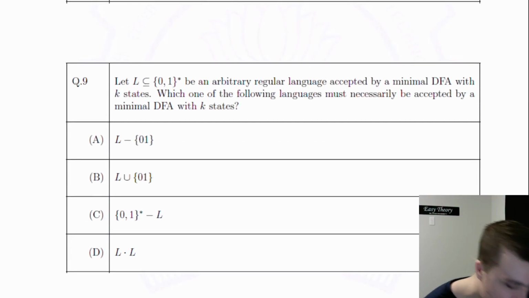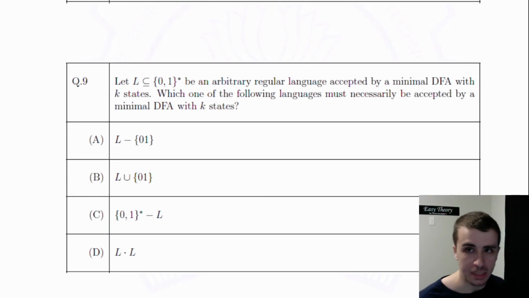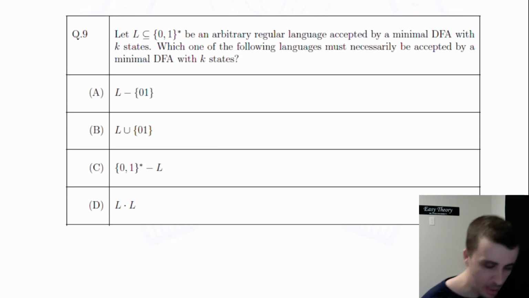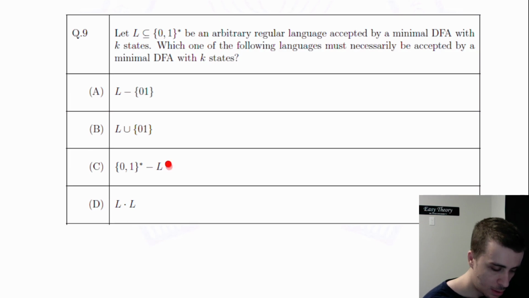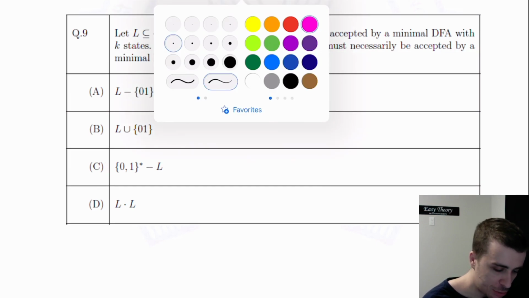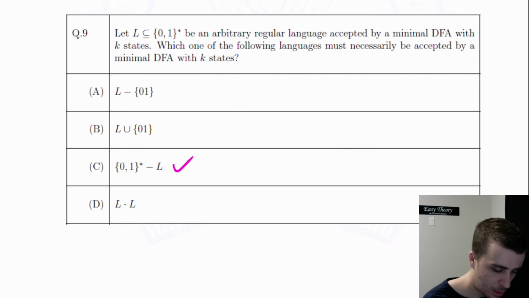Okay, so let L be an arbitrary regular language accepted by a minimal DFA with K states, okay? So L has a DFA with K states and no smaller. Which of the following languages must be accepted by a minimal DFA with K states? Okay, I think this one should be okay, purely because this is just the complement operation, because the alphabets are the same.